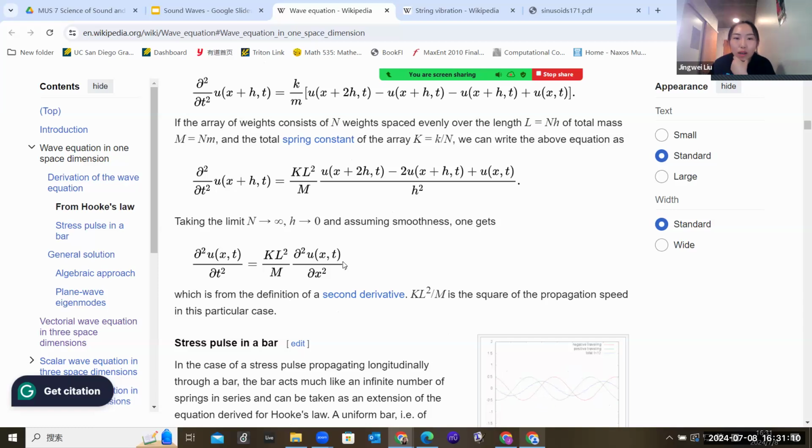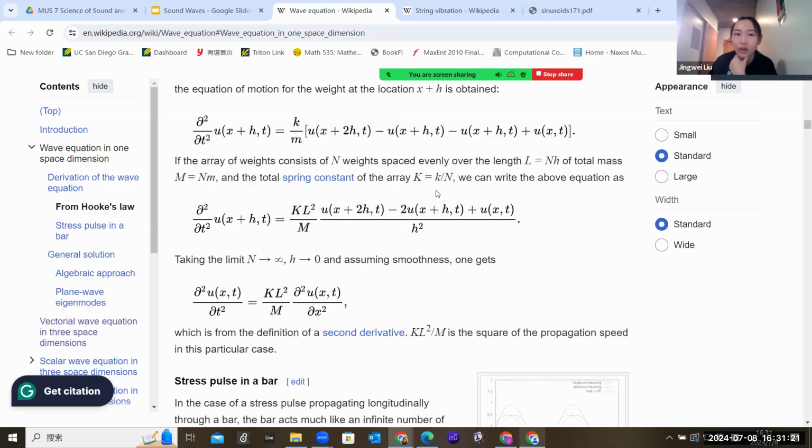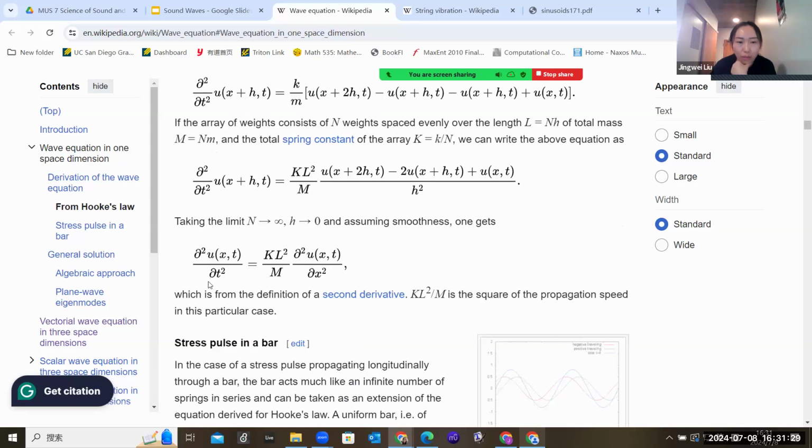If you are into those physical models, I really recommend you read into those things. These only require high school physics. High school physics also introduces this F equals kx, Hooke's law. And some partial differential equations might be first year college math.